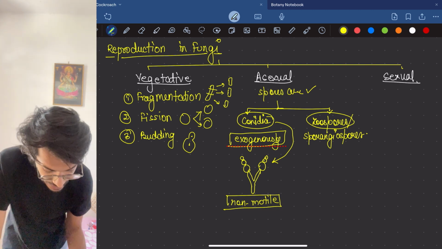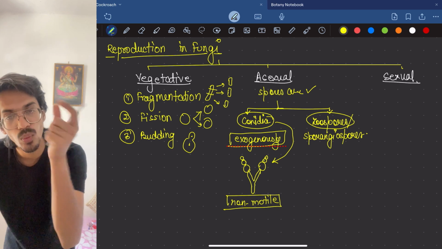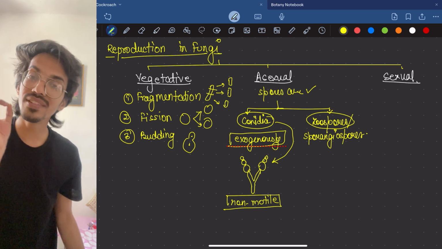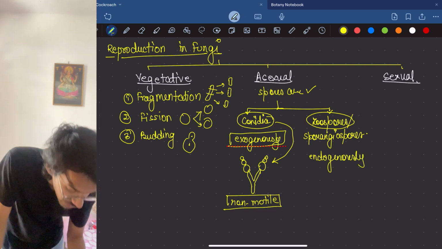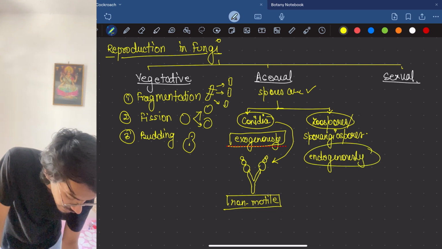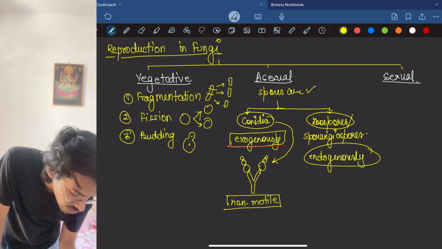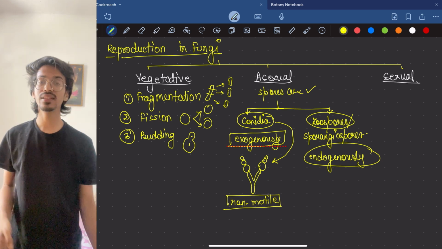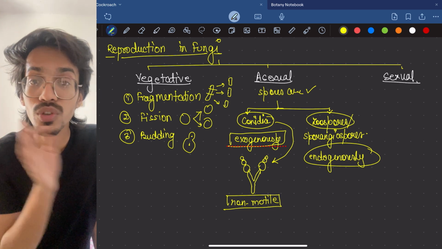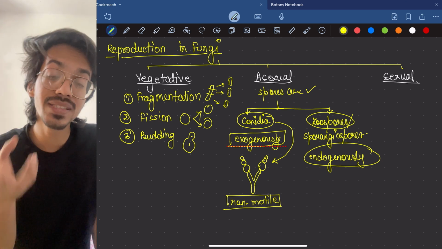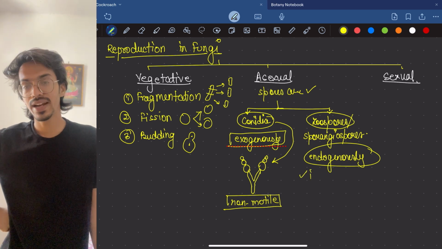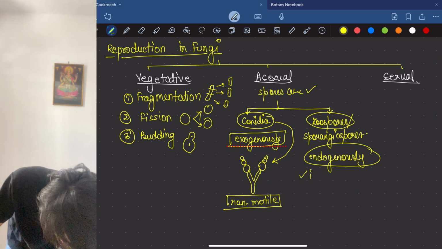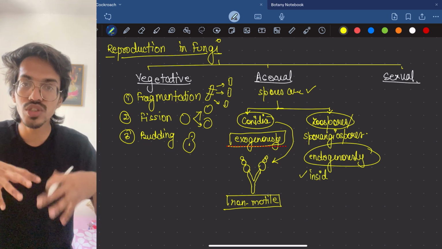Next thing comes the aplano or zoospore. Whenever the word zoo is coming, always remember zoo means motile. Means these spores will be motile. But they are present endogenously. And any spores you might have studied in chapter number 1 of 12th class also. Spores are present inside a bag, sporangium. So these are also present inside the bags. So they are endogenous. Endogenous where?